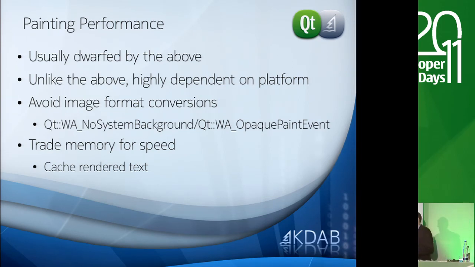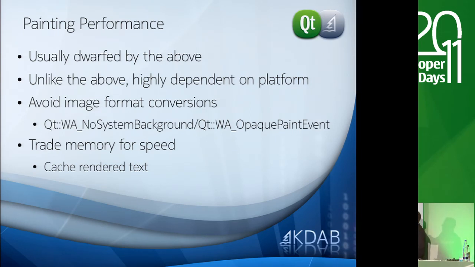Unlike the two we saw before, this is one that highly depends on the platform you're running on. And especially with QWS or any embedded system, you can have interesting effects if the hardware has a different native image format than what you're using. And that can easily cause a slowdown by a factor of 2.